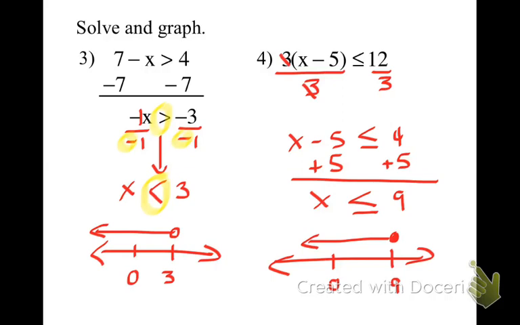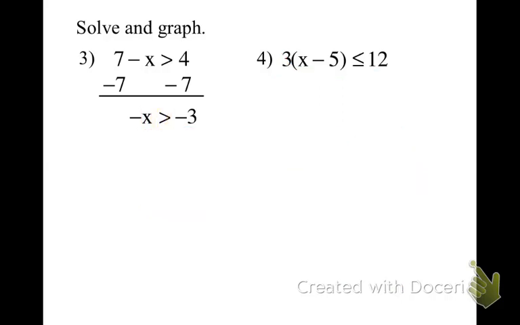One more way to solve it would be to, if I just distribute right in, whatever's easier for you, 3x minus 15 is less than or equal to 12.